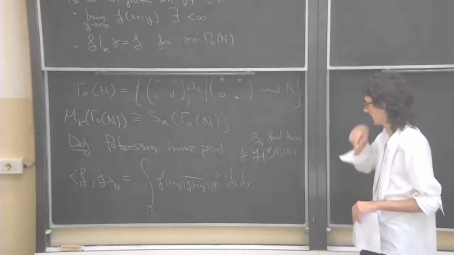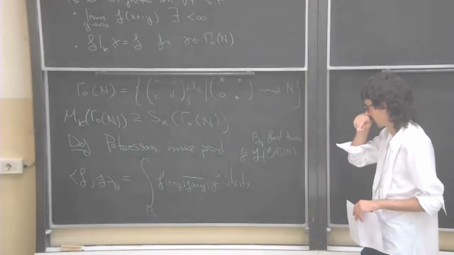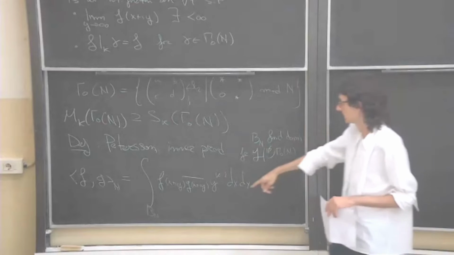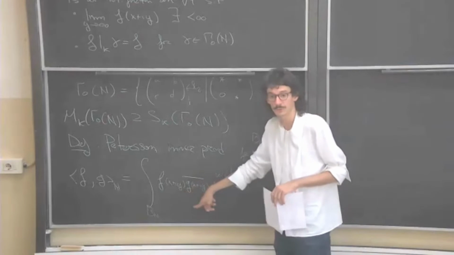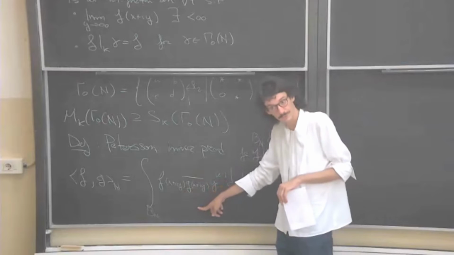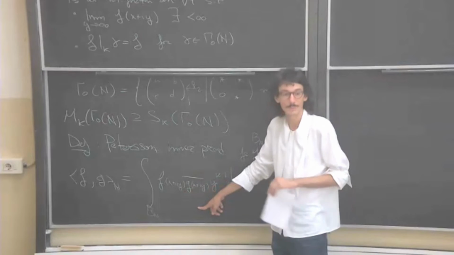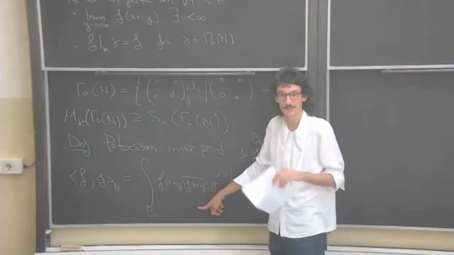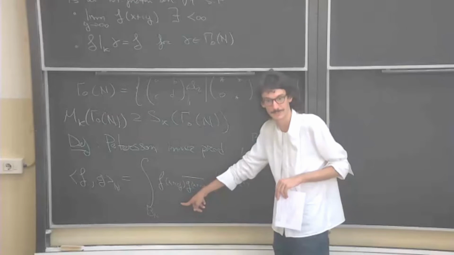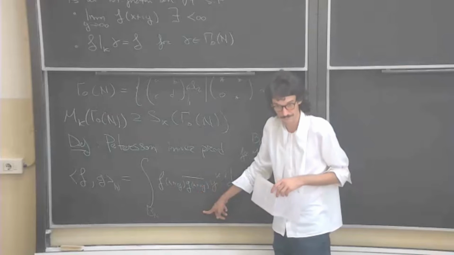So a little bit of comments. This product is a positive definite Hermitian form on the space Sk. This kind of integral doesn't actually require both the elements to be in Sk to converge. It only requires one of them to be in Sk. But to ensure convergence and actually have a bilinear form, we put our Sk, because on an element of Mk and Mk, this doesn't work.